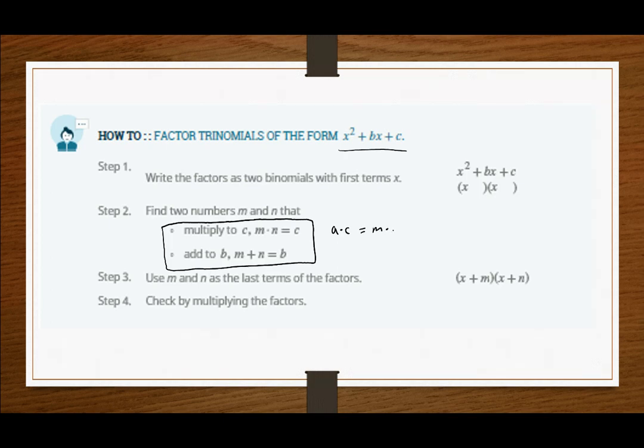And in reality, because the a term here is equal to 1, it really just works out to being c. But this is what we'll be using in the quote hard version of this question, where a is actually not equal to 1. So if we can find an answer to what are the values of m and n, we go directly from our original trinomial to the factored version, which is great. And again, we can actually use the FOIL method to confirm that we've actually got the correct values.